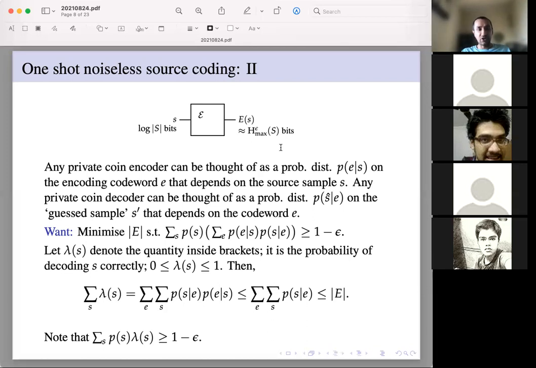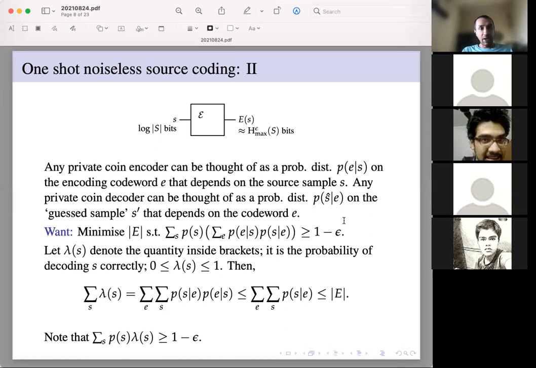Well, I've not defined a joint distribution, so let's go slowly. There is, of course, an underlying distribution of the source P_S. Now I'm saying any encoding strategy can be mathematically formalized by P(E|S). That's all. E is from the code word space, and the log of the size of the code word space is the number of bits to which I'm going to compress. We'll see what it is later.